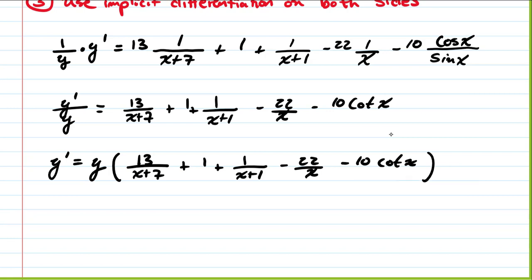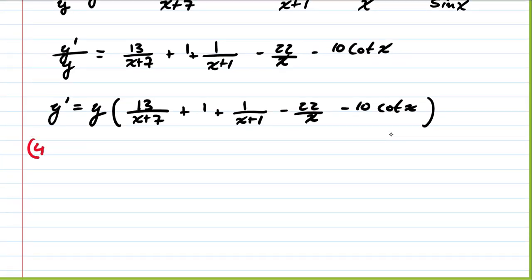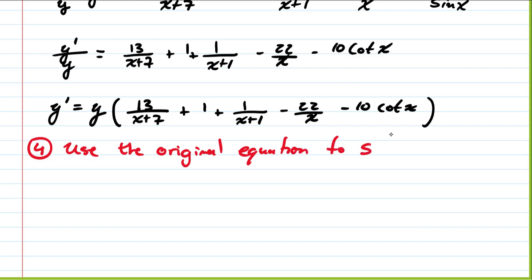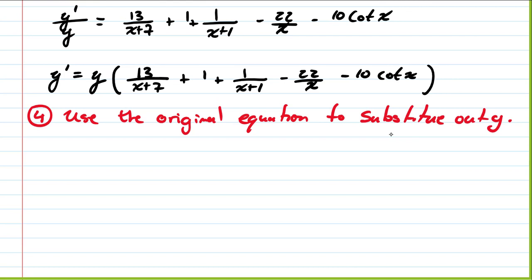So step 4 is we use the original equation to substitute out y, so we have then y prime is equal to y.